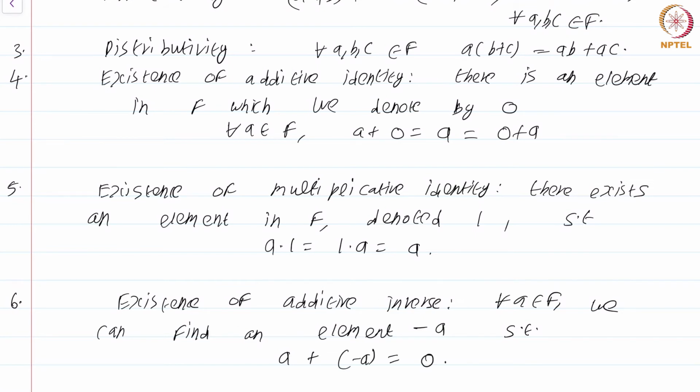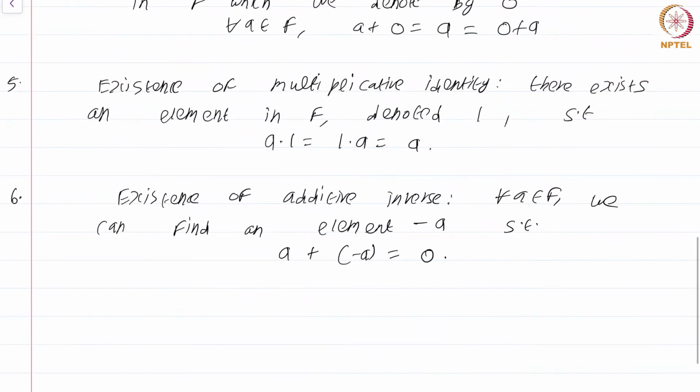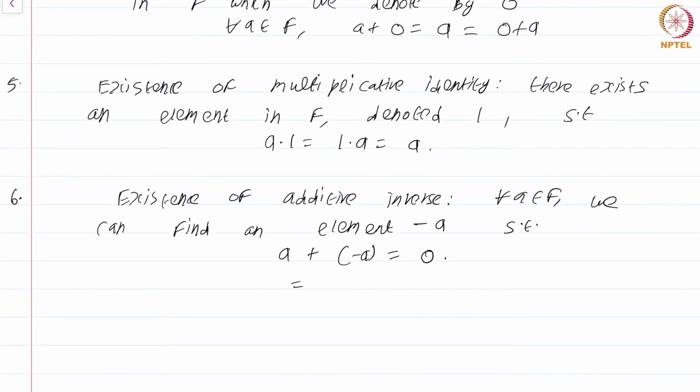Note very carefully, I have not written A minus A is 0, because we don't have a minus operation on this set. We have only an addition and a multiplication. So that's why I'm writing A plus minus A equal to 0, which is also equal to minus A plus A. Again, this follows from commutativity, but I am just mentioning it.